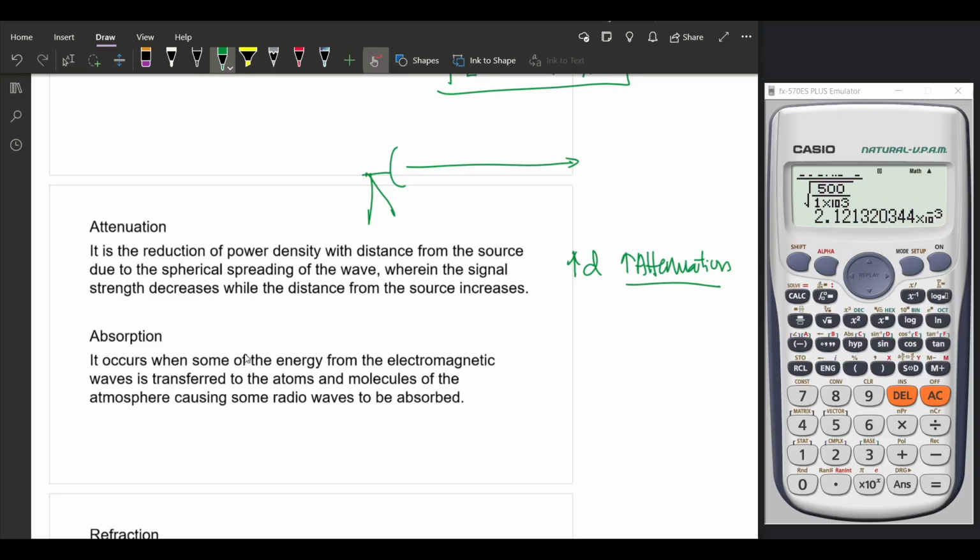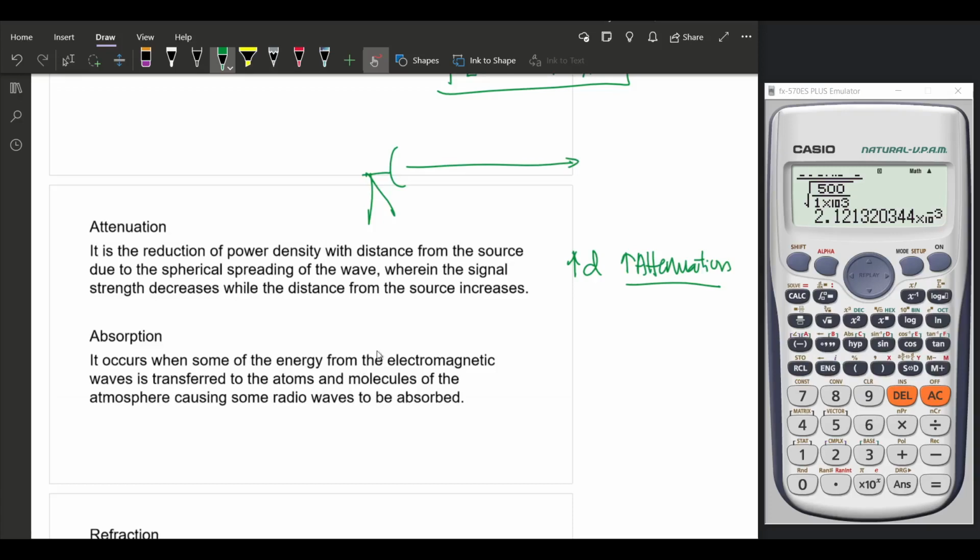So kahit saang medium, meron kang attenuation. So this is always present. Property kasi yun ng signal na mag-attenuate siya whenever na lumalayo siya dun sa source of the signal. But yung absorption, this is actually due to the impurities of the atmosphere. Okay? So again, walang absorption sa outer space.